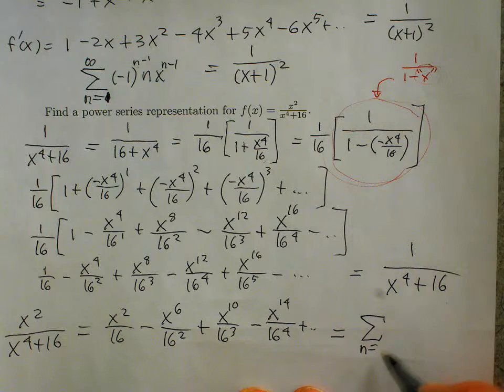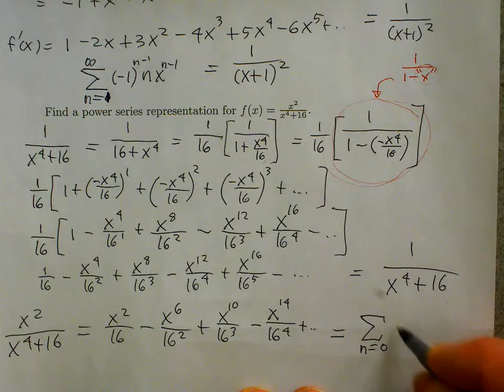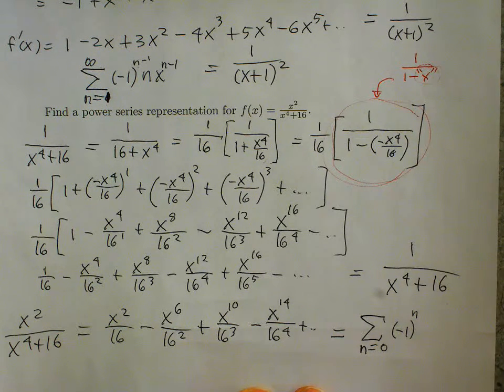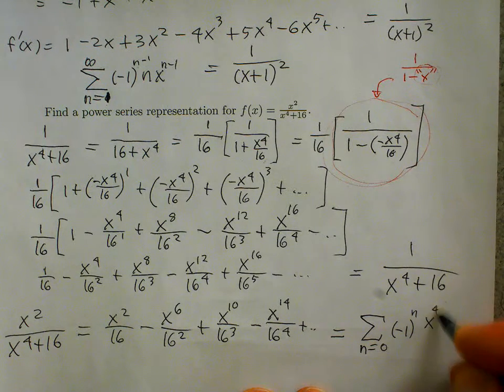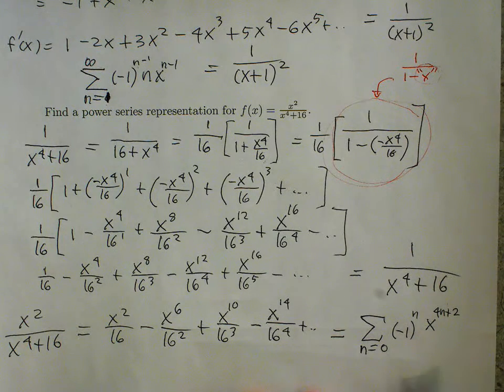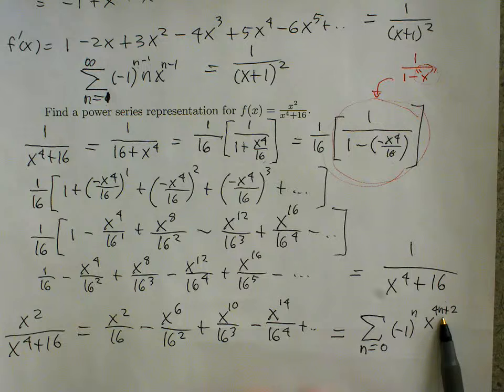So how about n equals 0, and we have -1 to the n, and x to the 4n plus 2. Yeah, that looks like that's going to work.